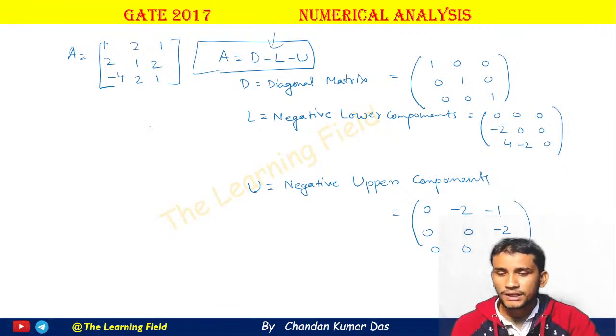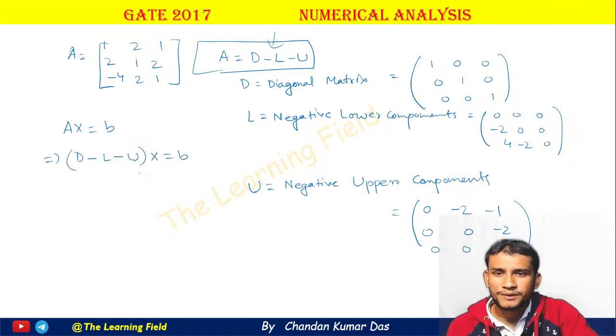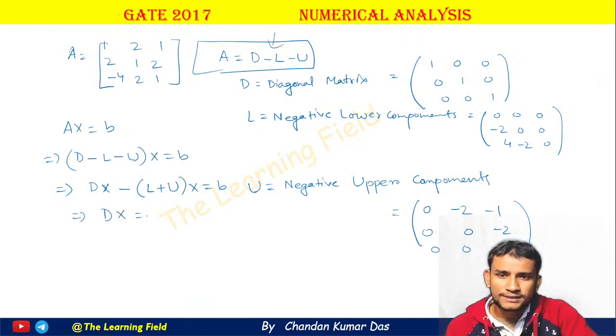Now suppose the given system is Ax equal to b. We put the value D minus L minus U into this: (D minus L minus U) x equals b. This implies Dx minus (L plus U)x equals b, so Dx equals (L plus U)x plus b.